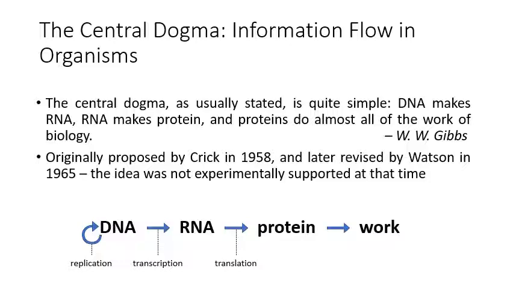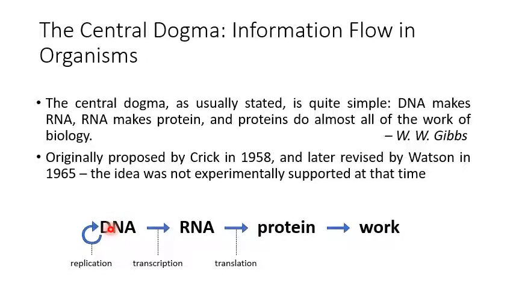And I guess at first we thought that it was super right, all the way right, and that's why it's the central dogma. But actually, as it turns out, it's only pretty right. It's right most of the time, but there are some exceptions. So anyways, the central dogma just says that DNA makes RNA, RNA makes protein, and proteins do work. So you start with your hereditary information stored in DNA.